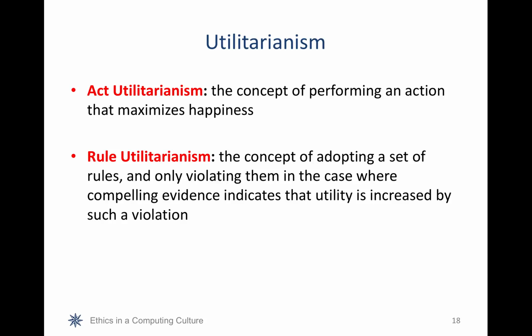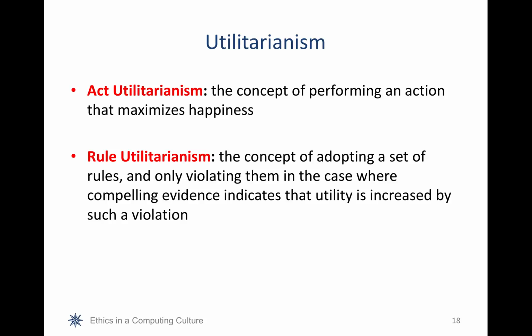Rule utilitarianism attempts to simplify the decision making by coming up with a set of easy to follow rules on how to make decisions. The rules are developed in such a way so as to have an overall positive effect, even though it might mean that sometimes some decisions will result in a decrease in happiness. The idea is that if everyone always follows a set of rules, there will be an overall positive increase in happiness.